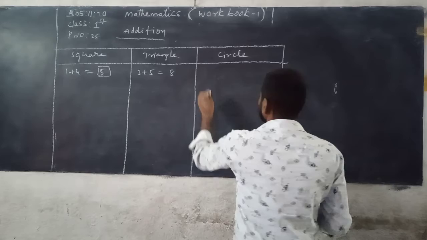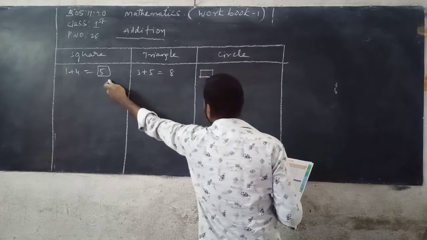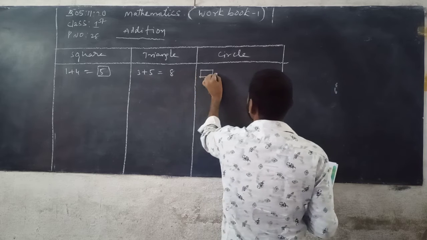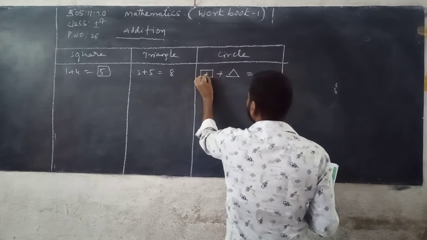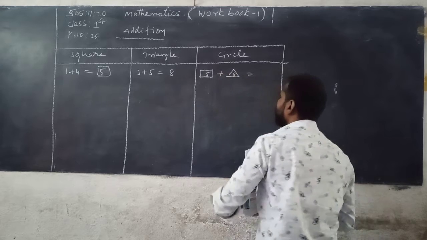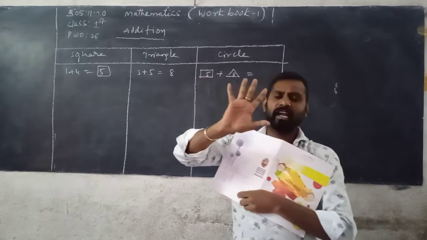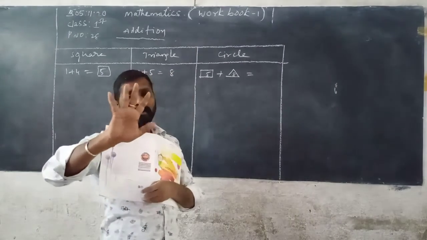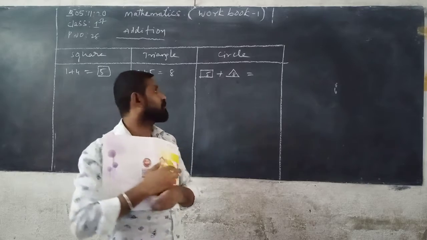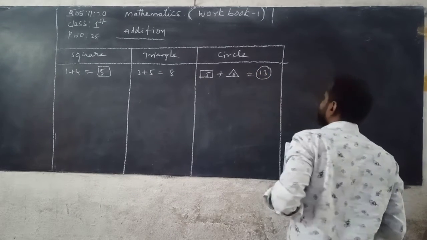Then the addition of square and triangle sets, so you can get the circle. See here, 5 plus 8. So keep the bigger number 8 in your mind and take 5 fingers in your hand. So you can count 8 after 9, 10, 11, 12, 13. So write 13 in circle.